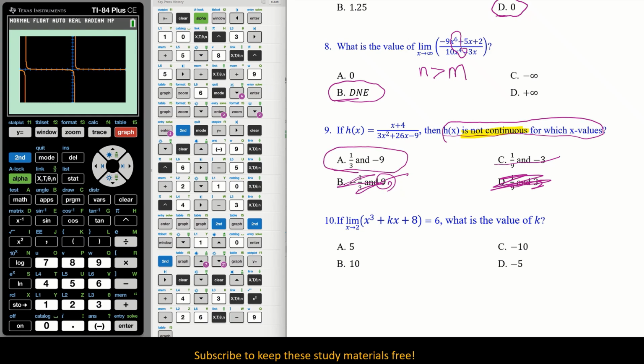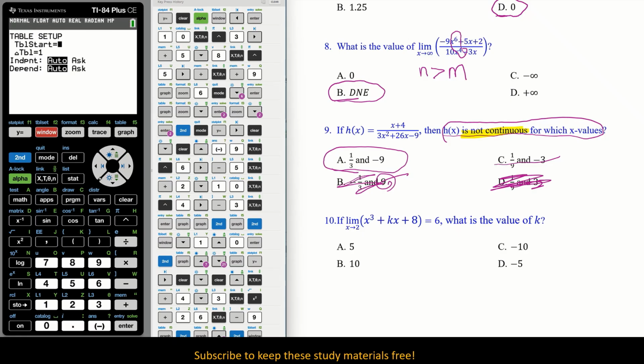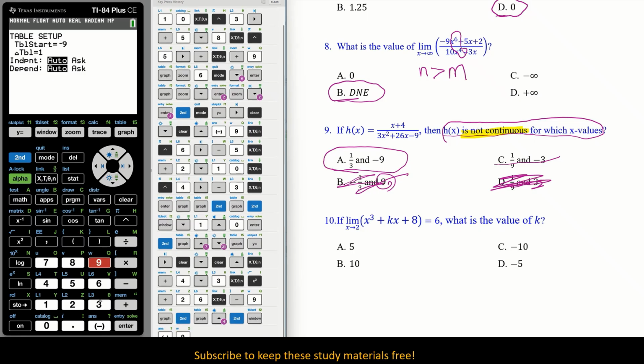But the best way to really verify this is to go to your table. Second graph. I don't have my X set up for fractions. I have my X values set up for integers. So let's go second table, and I'm going to say -9.